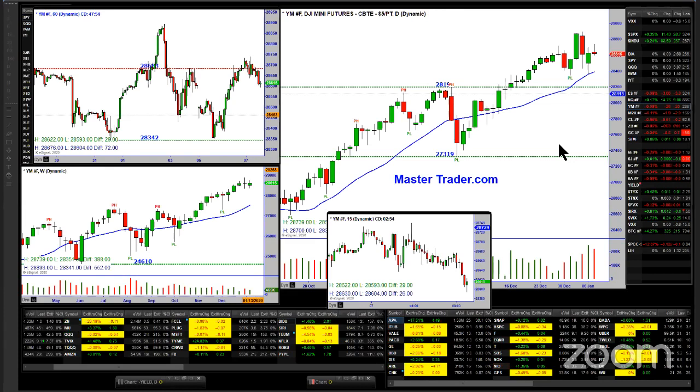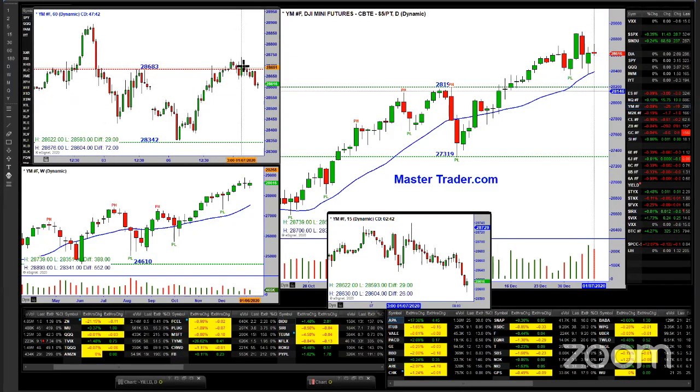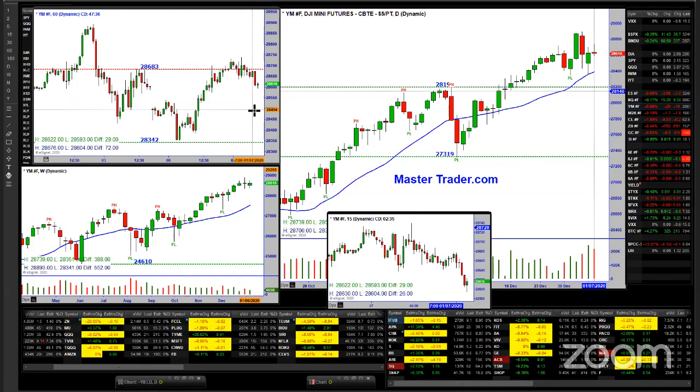YM, pretty much the same story. A little bit of relative weakness versus especially the NQs, somewhat similar to the S&Ps, but you can see the attempt to move higher that failed, and now it's coming down, and buyers and sellers will battle it out and see which way things are going to go here.